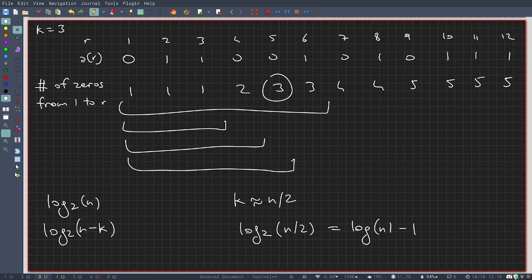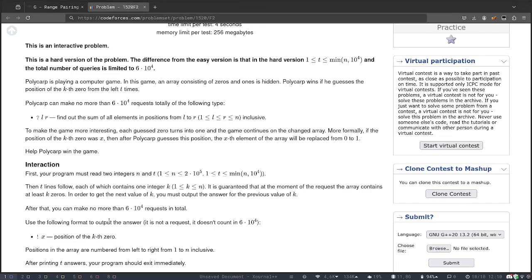If the array is not hidden and you have to play the game for t rounds, how many other questions do you need to ask? You don't need to ask anything, really, because you know the exact array at any moment. So that's it.